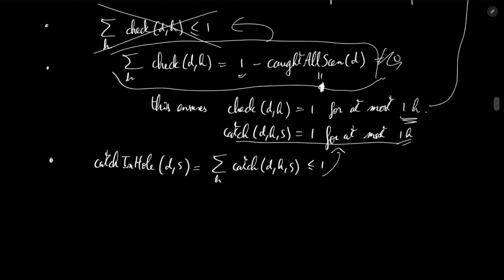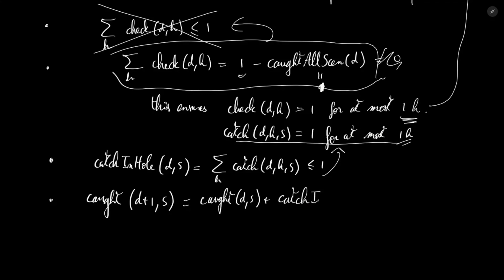Okay, let's continue. So now we are going to define the variable caught, which is a bit trickier to explain. So the variable caught is going to be basically equal to 0 at the beginning and then equal to 1 for all the days after once we catch the fox in a specific day. So this variable is going to be equal to caught of the previous day plus catch in hole ds.